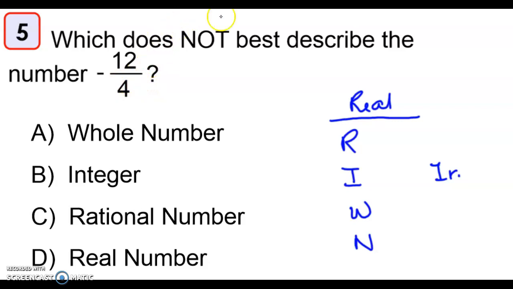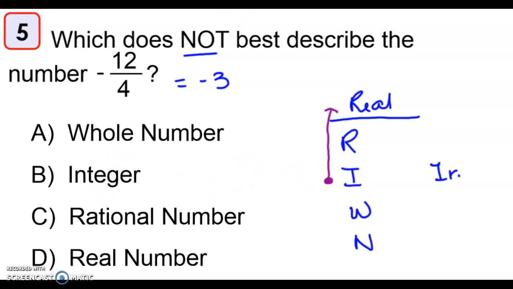So let's take a look. It says which one does not best describe the number negative 12 divided by 4. If we simplify that, that gives us negative 3. Where would negative 3 fall within our real number system? We know that it's an integer. Every integer is a rational number, and all rational numbers are real.